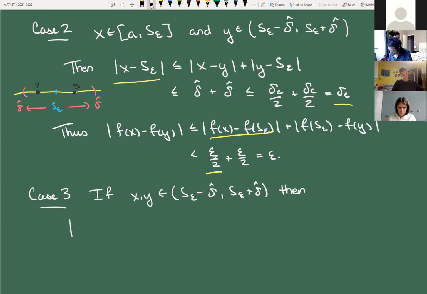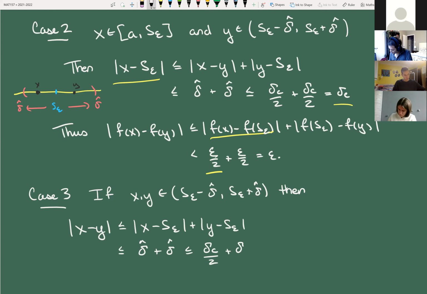Oh, I guess I should say this. Then the distance from x to y is less than or equal to the distance from x to s sub epsilon plus y to s sub epsilon. Is that what I want? Yes. Is less than or equal to delta hat plus delta hat. That's going to be less than or equal to delta c over 2 plus delta c over 2, which is equal to delta c.